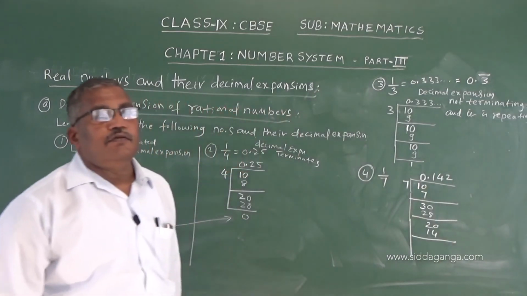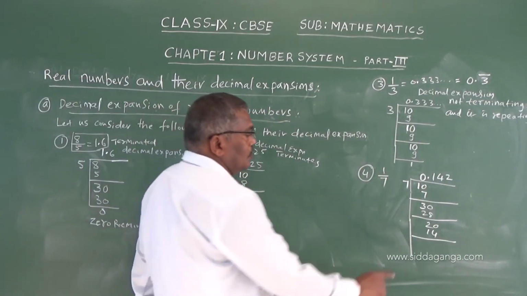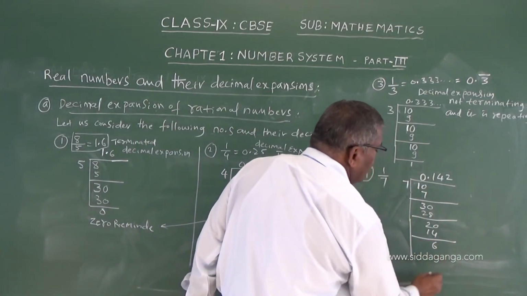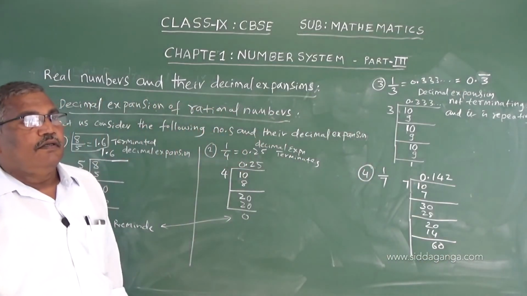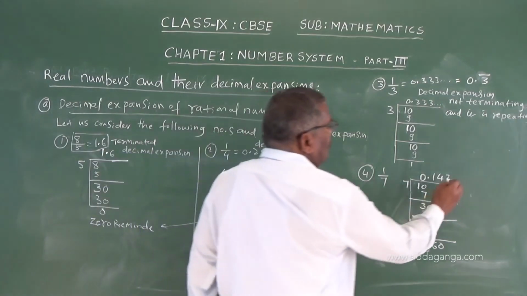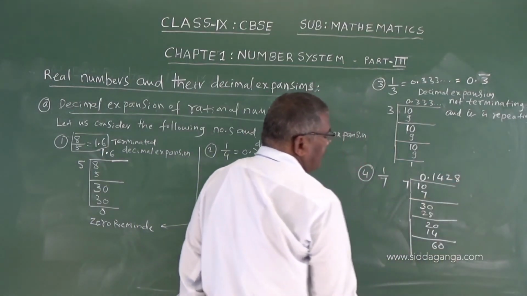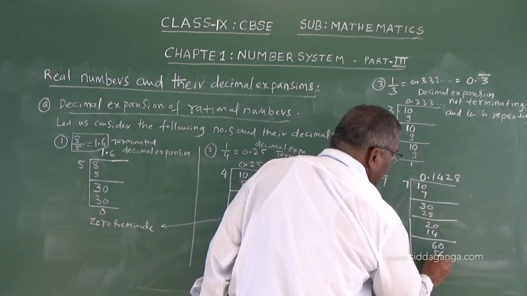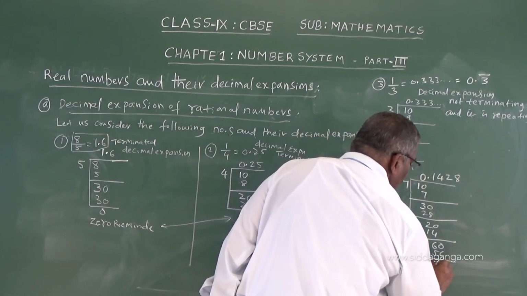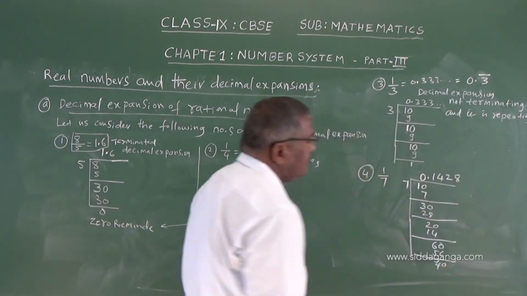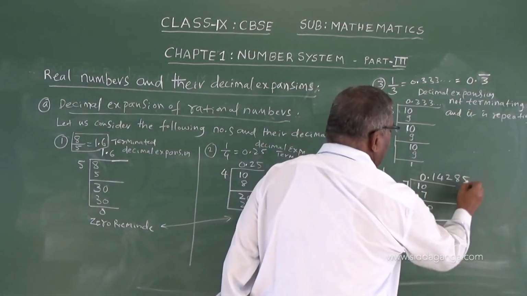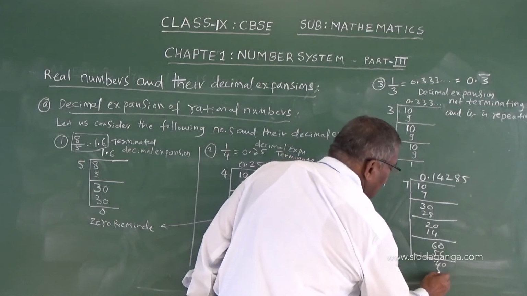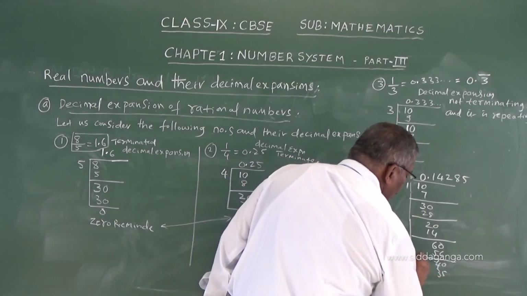This is interesting, you must practice it. Here 6 is the remainder, it becomes 60. 8 7s are 56. 4 is the remainder, 40. 5 7s are 35.